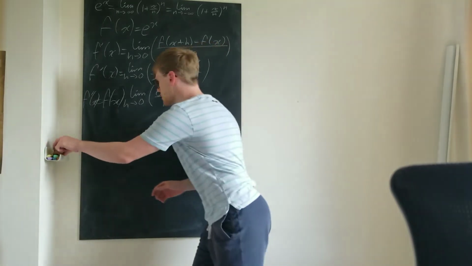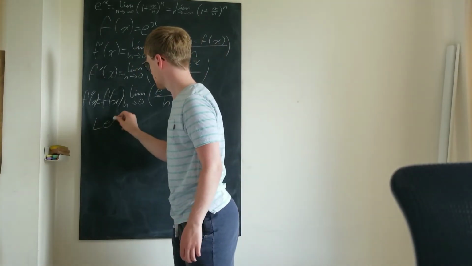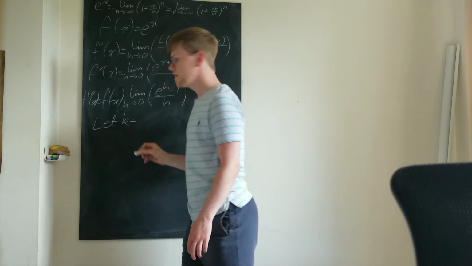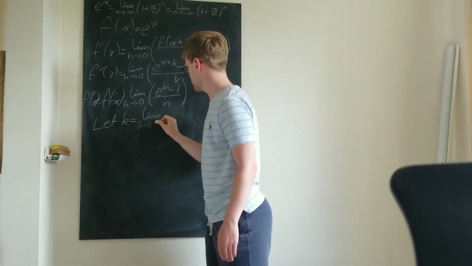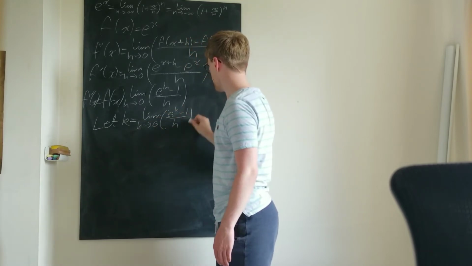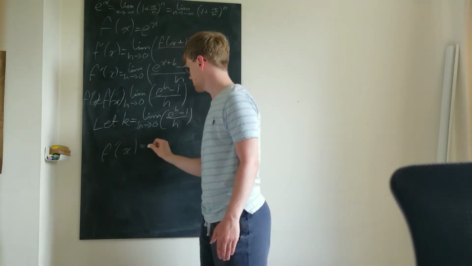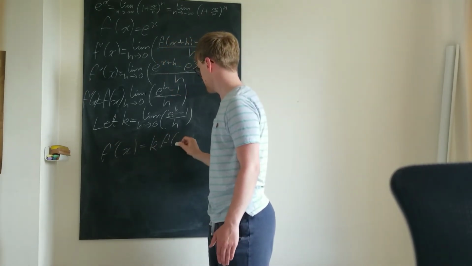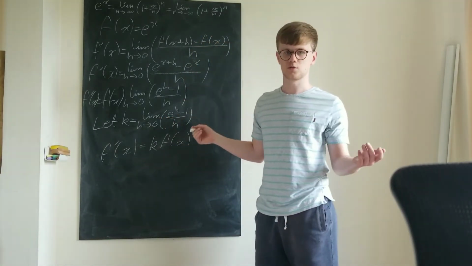And so if we let k equal this limit as h approaches 0 of e to the h minus 1 over h, then f dash x equals k f of x. And what we want to prove for e to the x is that this k is equal to 1.